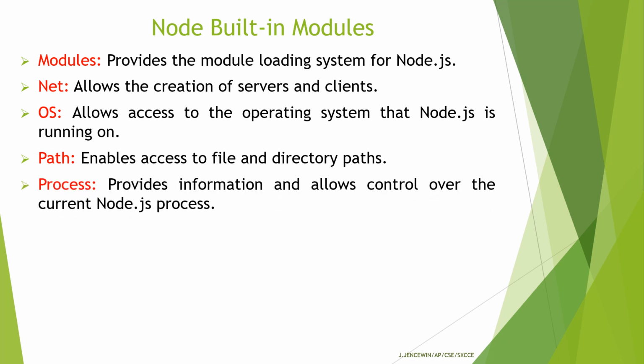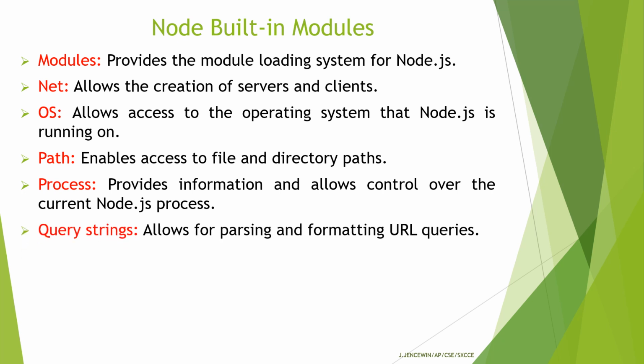Process module, this provides information about the currently running process. Query strings, this allows for parsing and formatting URL queries. The query string is part of the URL, and it is mainly used to send data. This data is substituted in the actual queries.